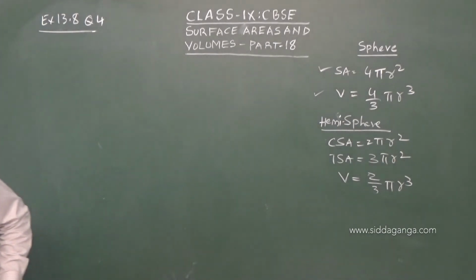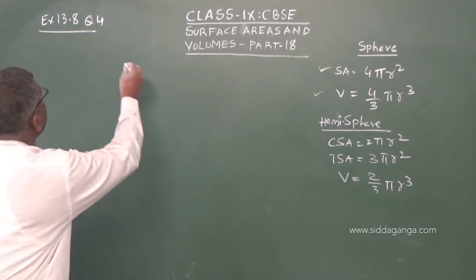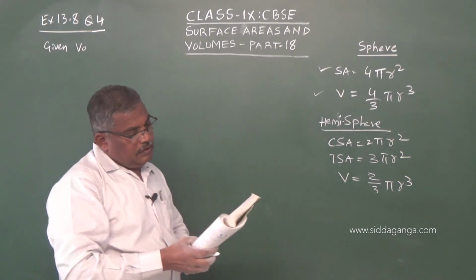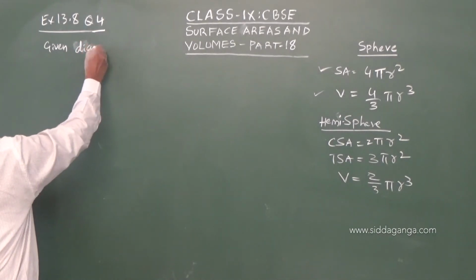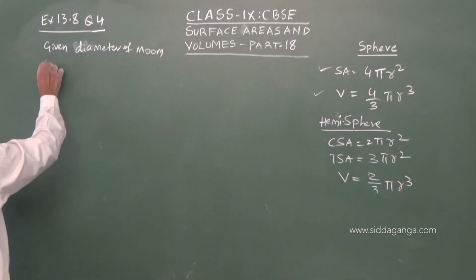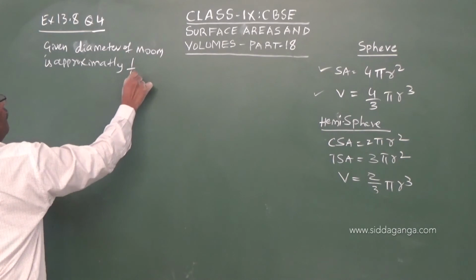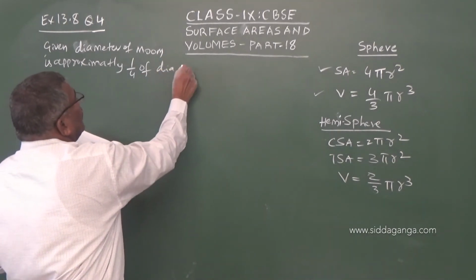So, given the diameter of moon is approximately 1/4 of the diameter of earth.